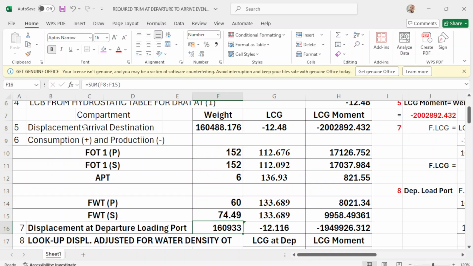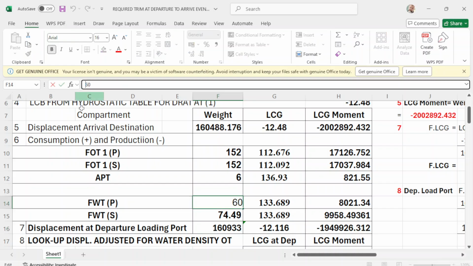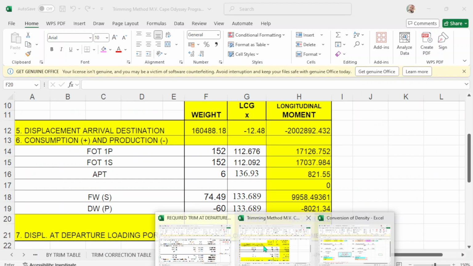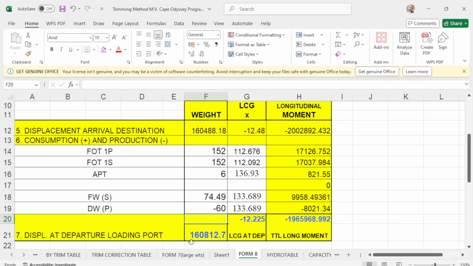Okay, and this will be negative. It is production. Okay, negative. And your total weight is 160,813. Okay, round up, and your LCG is 12.225.